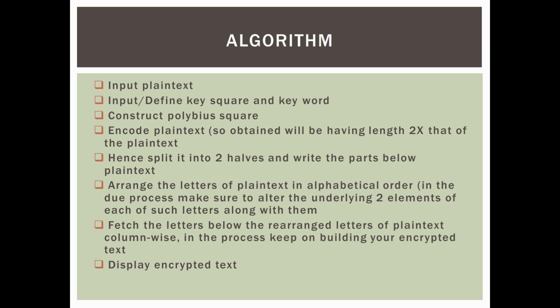After dividing it into parts of the length of the plain text, you are going to write each of the characters under the letters of the plain text in the corresponding manner. And then you should arrange the letters of the plain text in alphabetical order. Make sure to move the underlying 2 elements of each of such characters along with them.